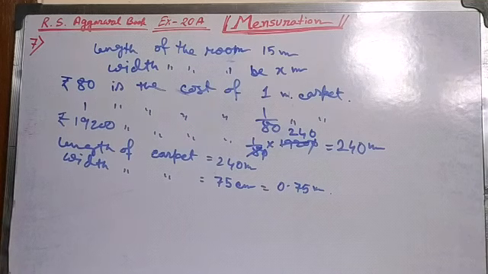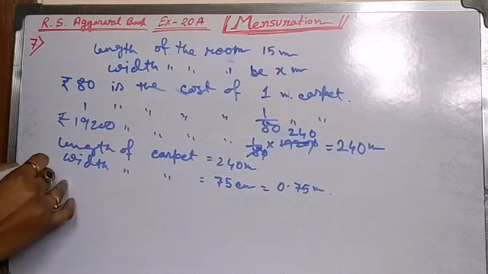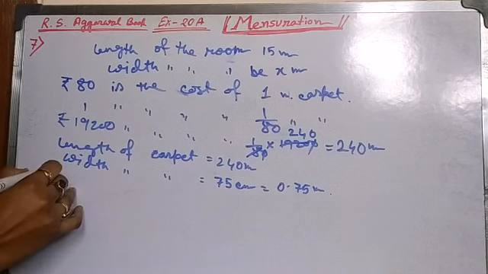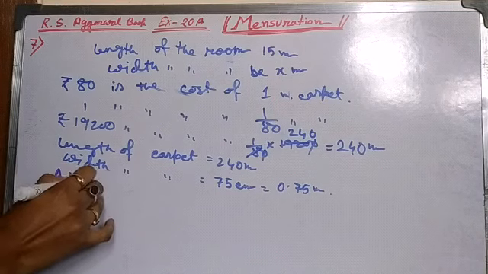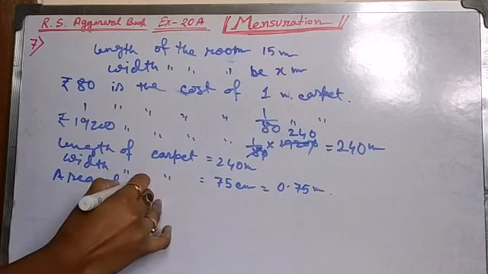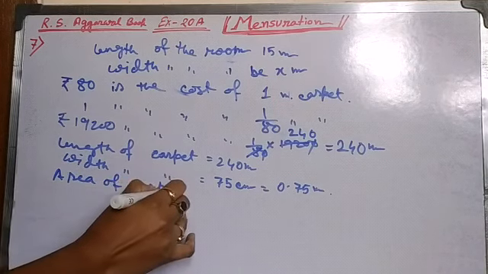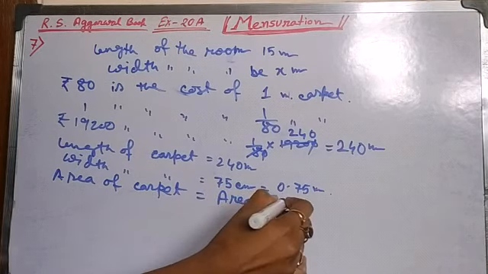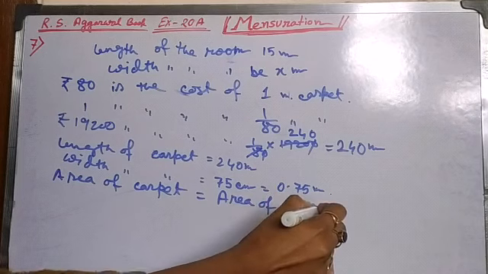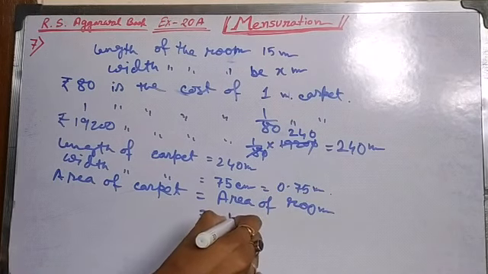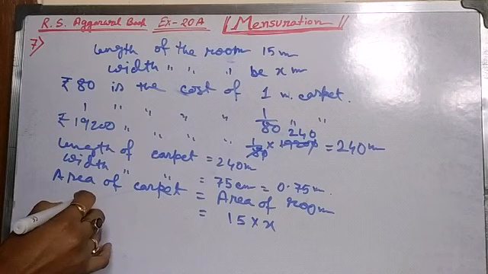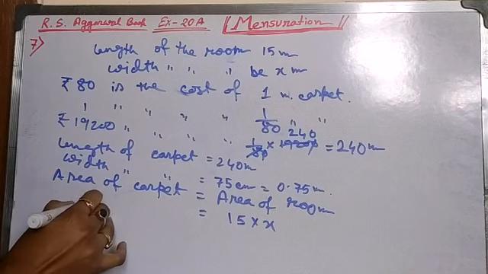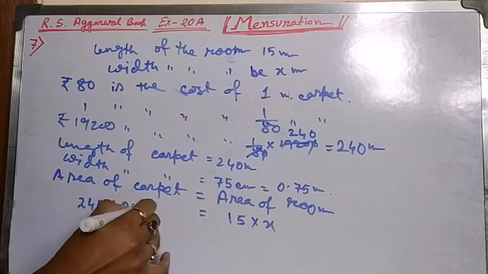Now here the area of the carpet and the area of the room will be the same, according to the condition. Area of carpet equal to area of room. Then room area is 15 into x, and this is 240 into 0.75.